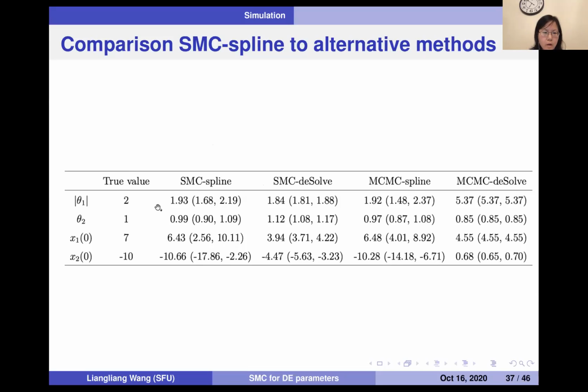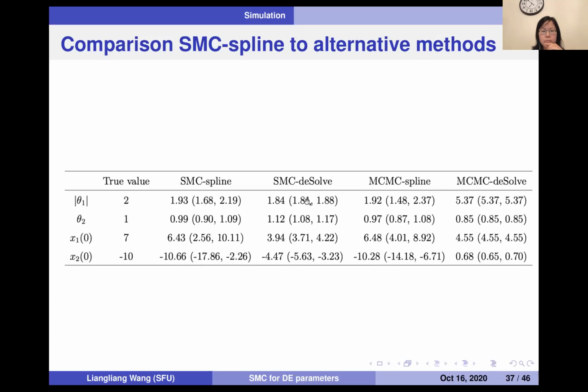So for our method, the credible interval covers the true values we used in the simulation. But for the other methods, there may be some bias. For example, for these methods using the DDE solvers, it didn't cover the true value.